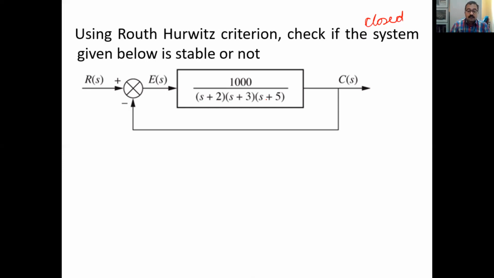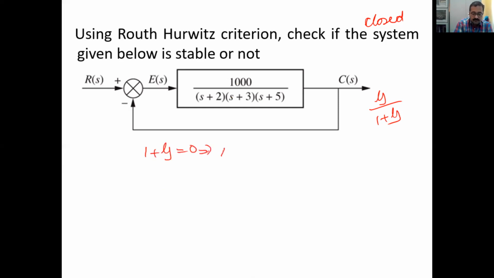So how will we check whether the closed loop system is stable or not? First, you have to find the characteristic equation. What is the characteristic equation? 1 plus G. What is G here? G is 1000 divided by (s plus 2)(s plus 3)(s plus 5). So what's the closed loop transfer function? This divided by 1 plus this into 1. So 1 plus G equal to 0 will be the characteristic equation.